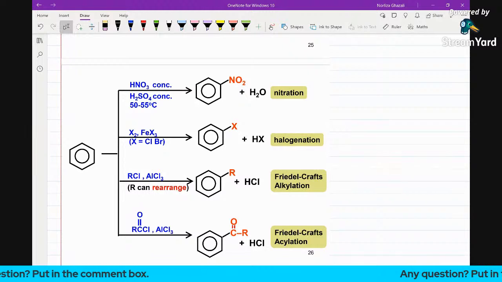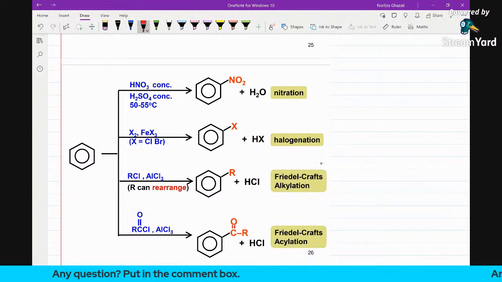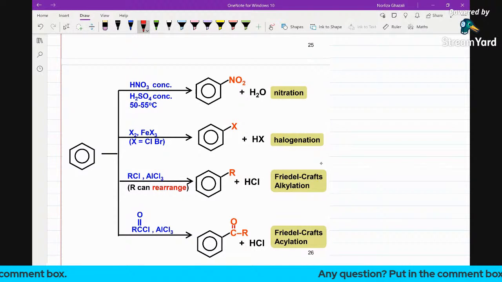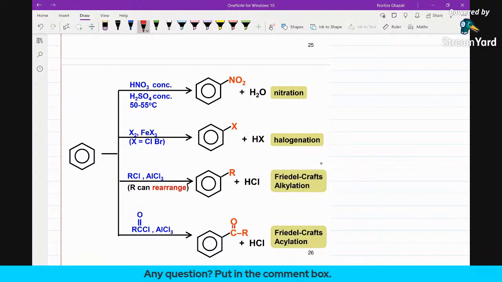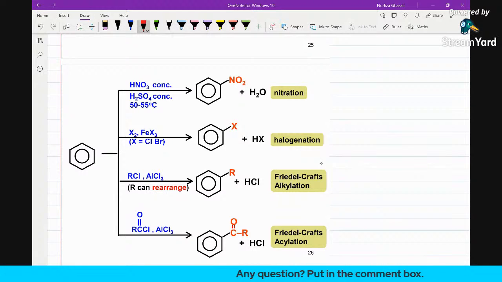So the first one is called nitration of benzene. So benzene reacts with concentrated nitric acid, and then we have concentrated sulfuric acid, condition or temperature 50 to 55 degrees Celsius. So one hydrogen is replaced by the electrophile. The electrophile is NO2.